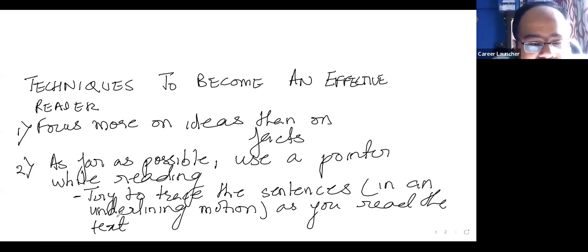Please note, you are not actually underlining the text. You are not putting ink on paper, but your hand motion is something like an underlining motion.